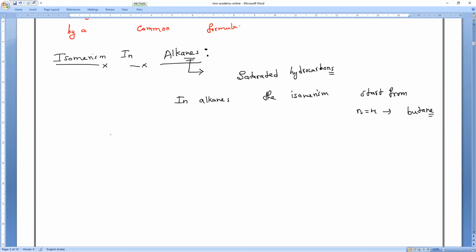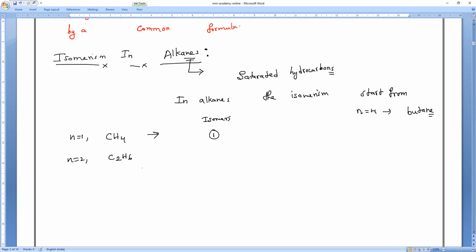So alkanes alone I'm saying, guys. First n equals 1: CH4. Isomers are the same, the same structure alone. So the number of isomers for n equals 1 is 1. n equals 2: what is the formula? C2H6.